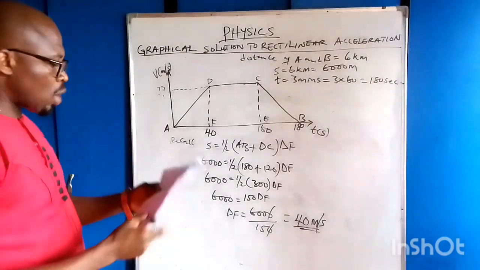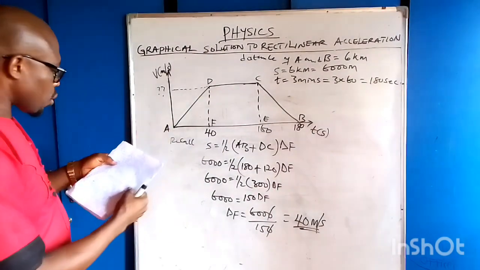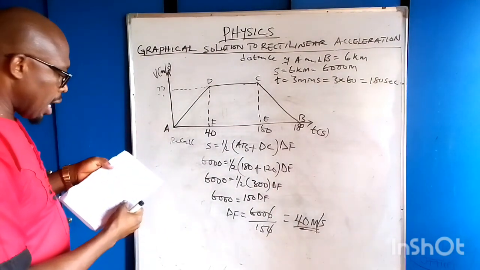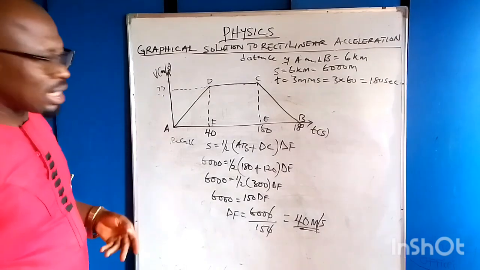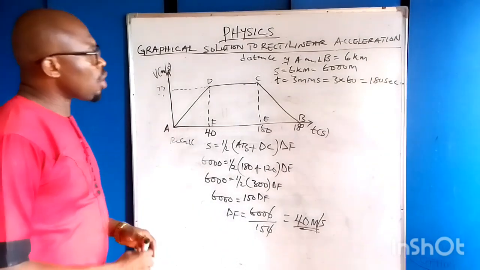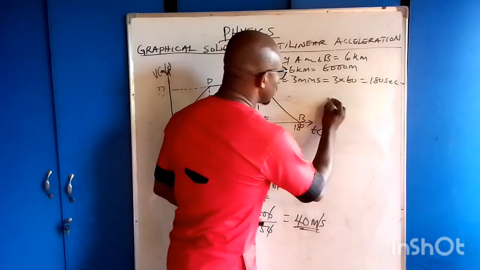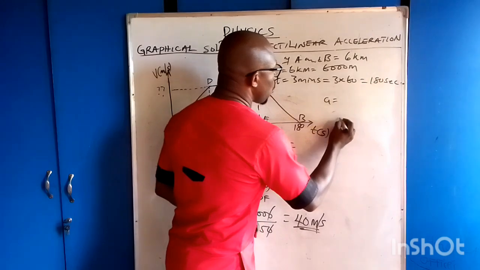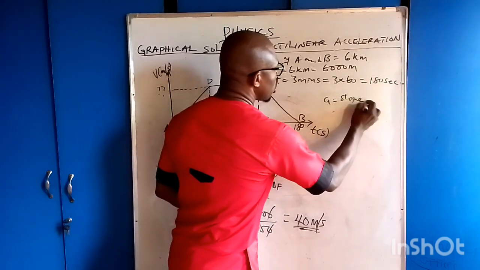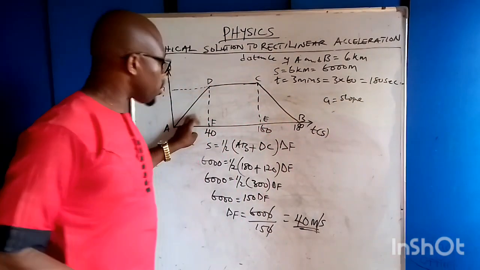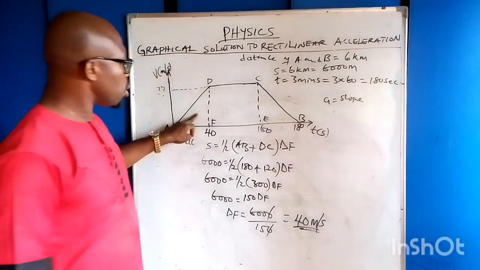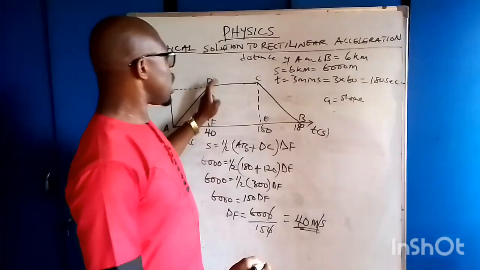Now we take the next question. The next question says, question I, acceleration. In order to calculate our acceleration, I will use this side. Acceleration is equal to the slope of this triangle, the slope of AD.